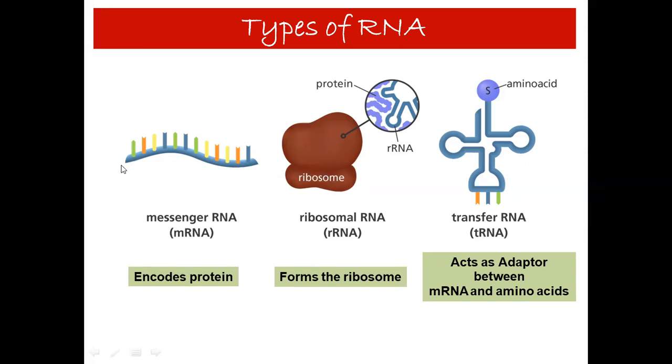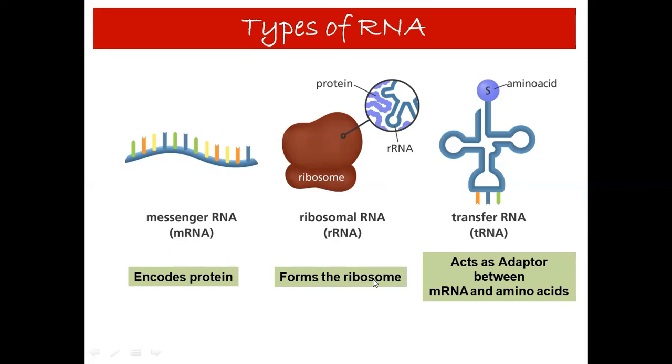from each other. You can see in this slide that this is the mRNA, the messenger RNA, which actually encodes protein, whereas the ribosomal RNA or rRNA is a very important structural component of the ribosome.